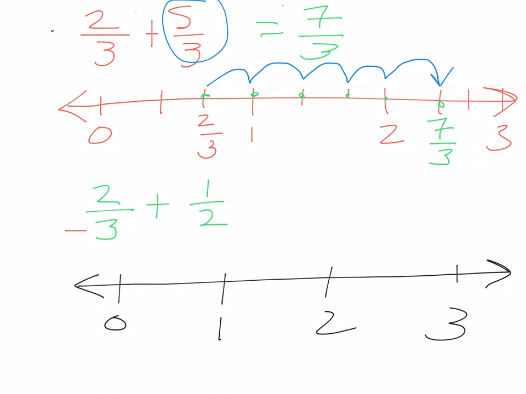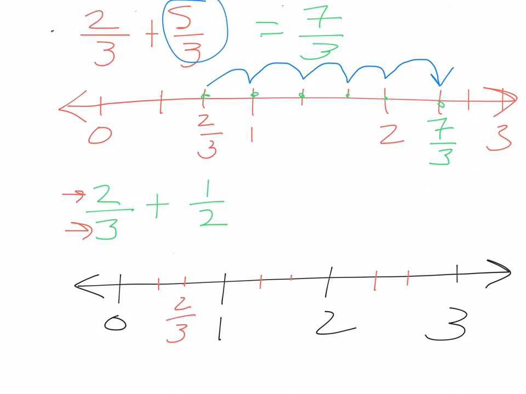We look at this denominator, and that tells us to split 0 to 1 into 3 equal parts, 1 to 2 into 3 equal parts, and 2 to 3 into 3 equal parts. And then we count the numerator. The numerator tells us what number we go to the right of 0. We take 2 steps, 1, 2 steps, and there's 2/3.